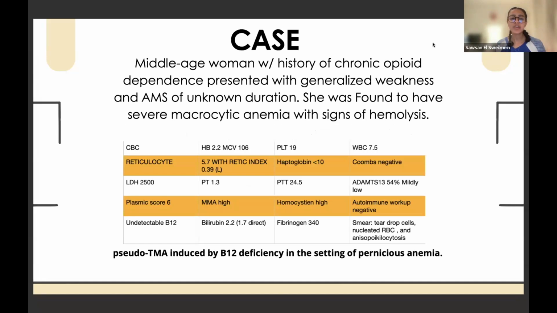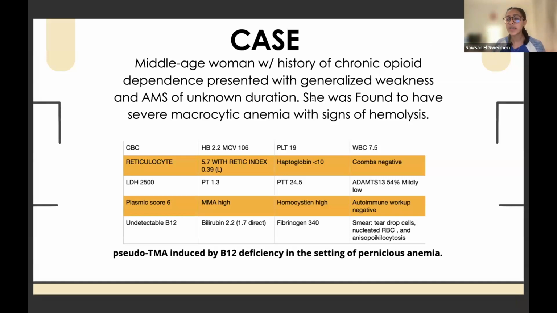Her laboratory findings showed severe macrocytic anemia, signs of hemolysis, and a picture concerning for a thrombotic microangiopathy. After further workup, she was finally diagnosed with a condition called pseudo TMA or pseudothrombotic microangiopathy that was induced by B12 deficiency in the setting of pernicious anemia.